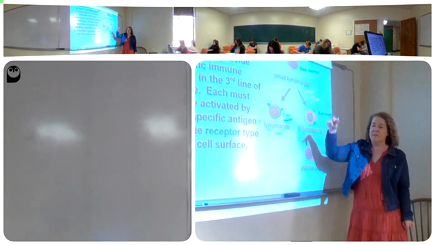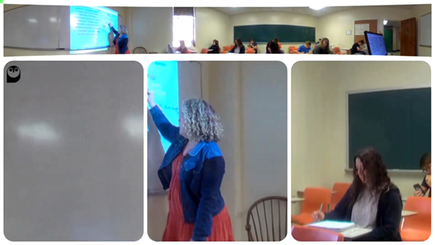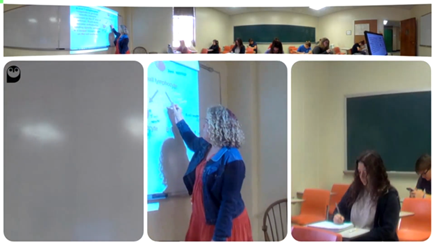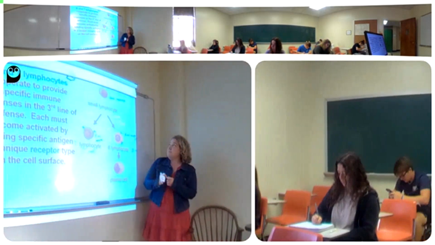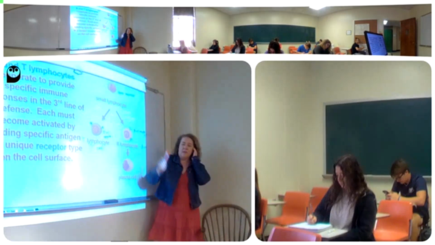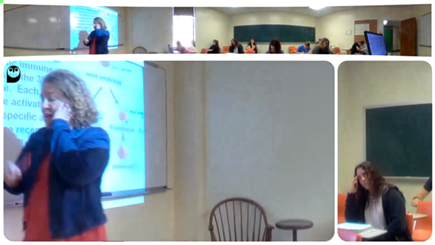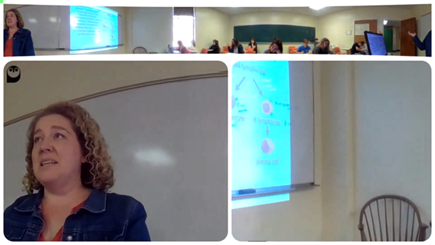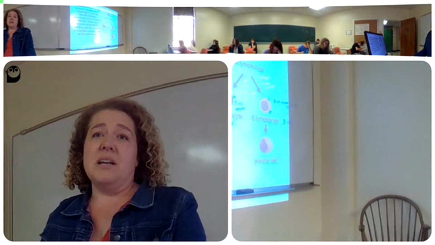And what I mean by mature is that they get their final receptor set. When they're first formed in the bone marrow, they don't have those receptors yet. They don't have their binding specificity. So we can make millions of kinds of these, and we make random binding specificity so that any foreign shape that comes to us from anywhere, you could bind it.